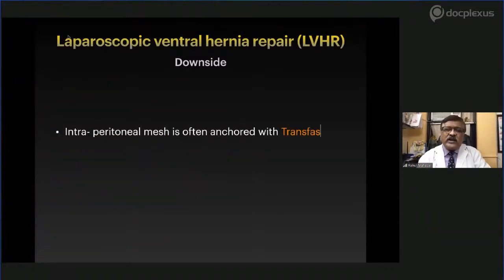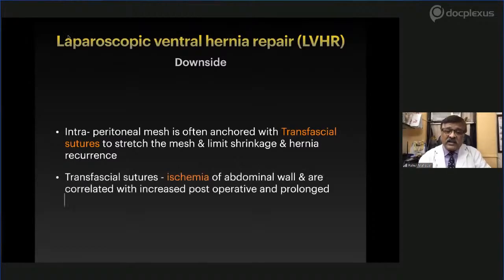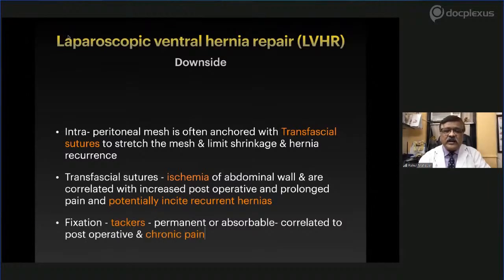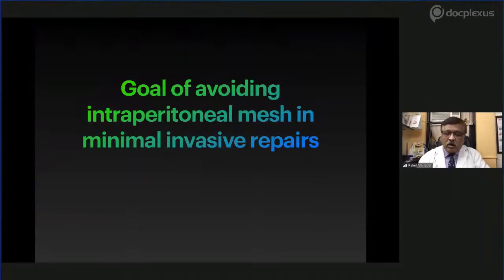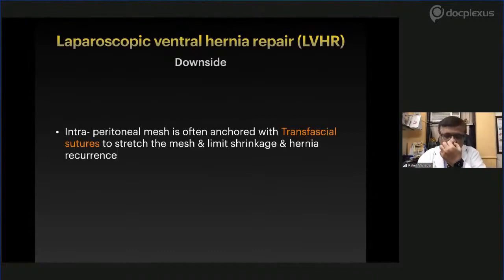Now, the other downside is the intraperitoneal mesh is often anchored with transfascial sutures to stretch the mesh and limit shrinkage, and also obviously the hernia recurrence. But transfascial sutures cause ischemia of the abdominal wall and are correlated with increased postoperative and prolonged pain and potentially incisional recurrent hernias. And fixation tackers, permanent or absorbable tackers that are used, again add to the cost.